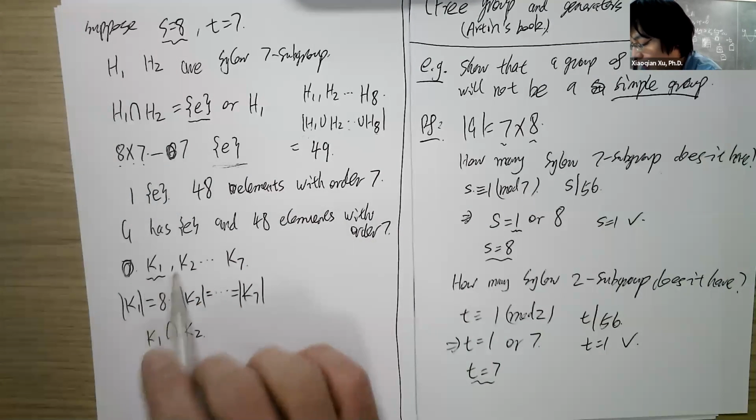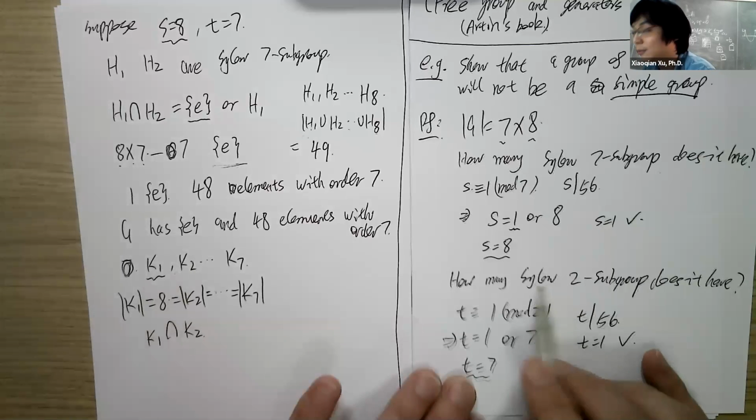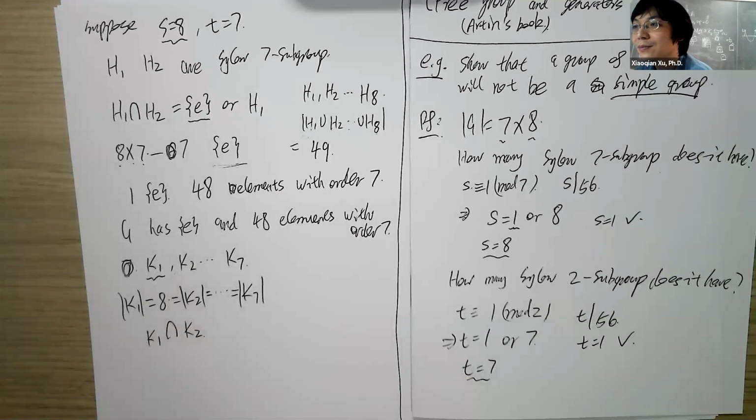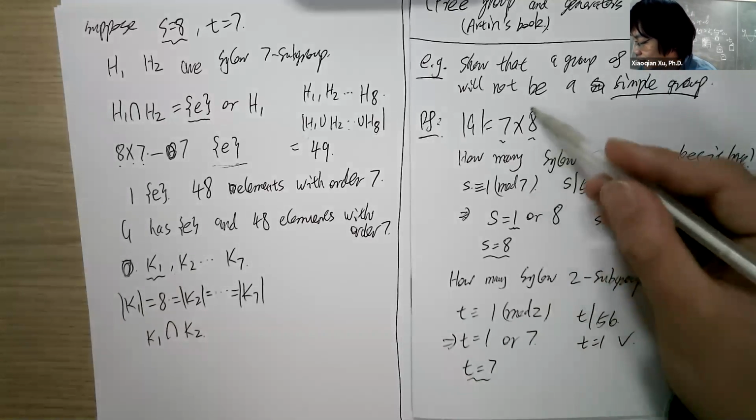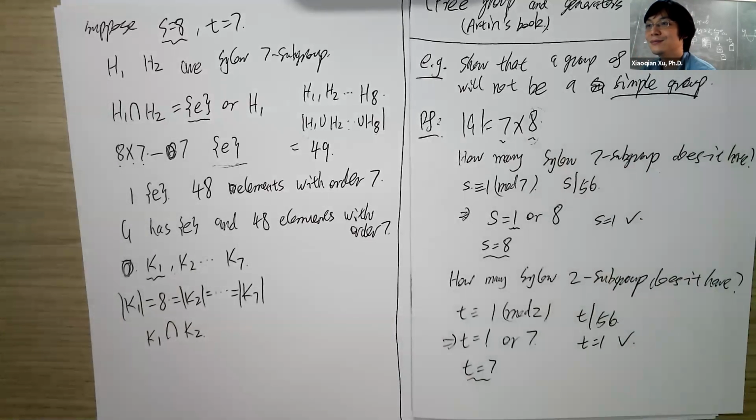Because the Ki are the Sylow 2 subgroups, which means all the subgroups of order 8, right?